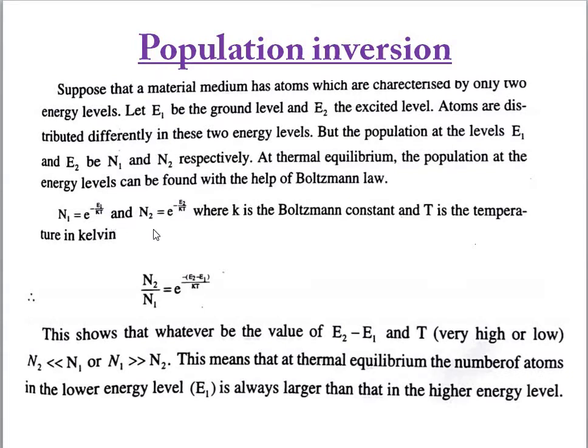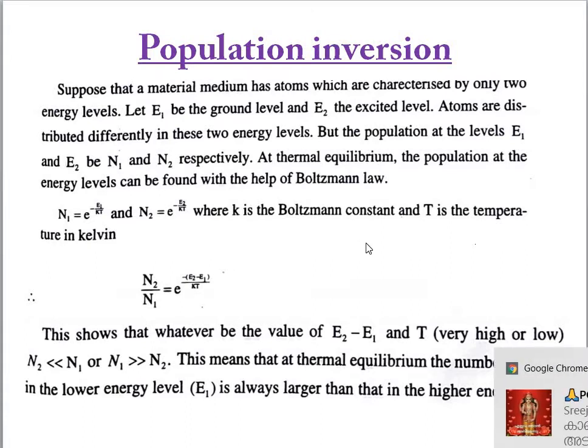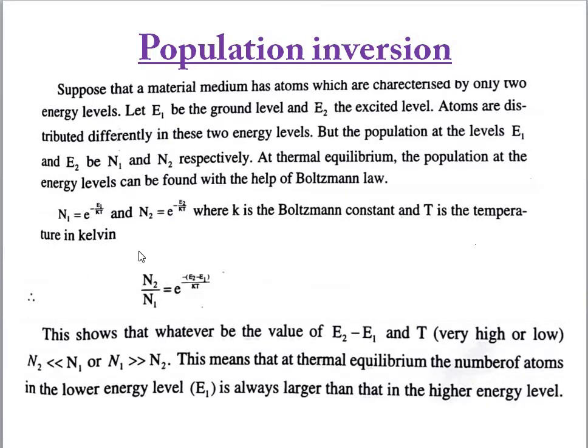Here E1 and E2 are the energies of the ground state and first excited state respectively, K is the Boltzmann constant, and T is the temperature in Kelvin.